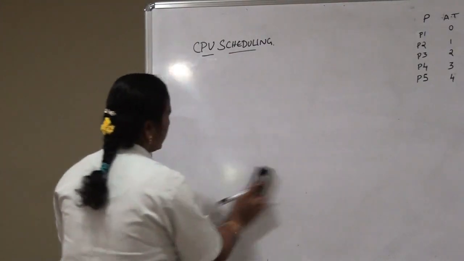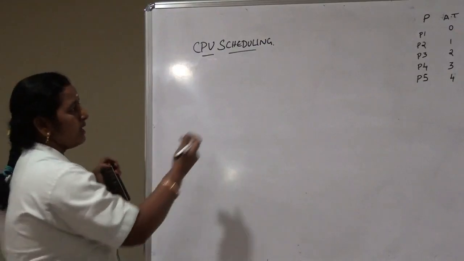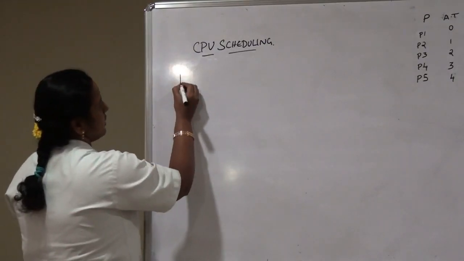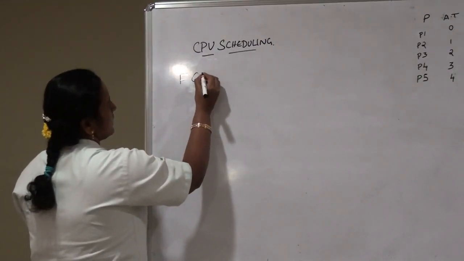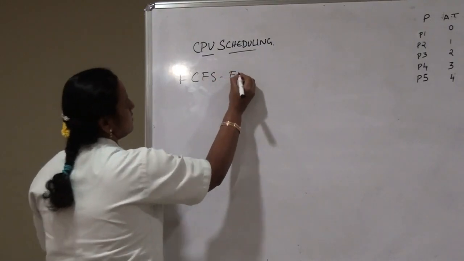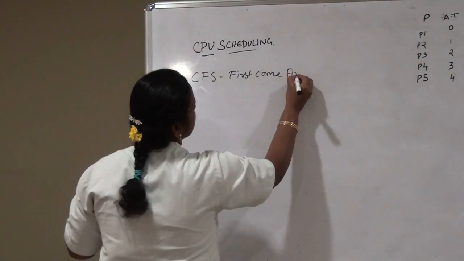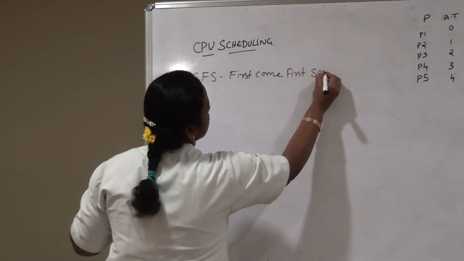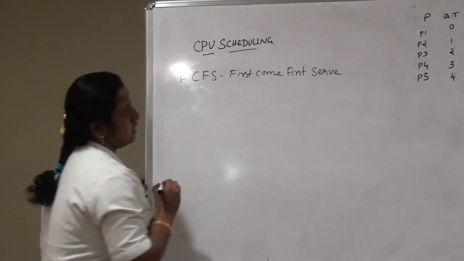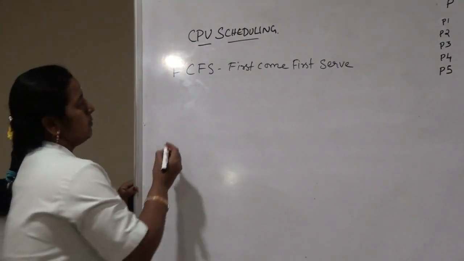Now we are going to see the algorithms one by one and solve them with a problem. The first type is FCFS, that is, First Come First Serve scheduling algorithm.